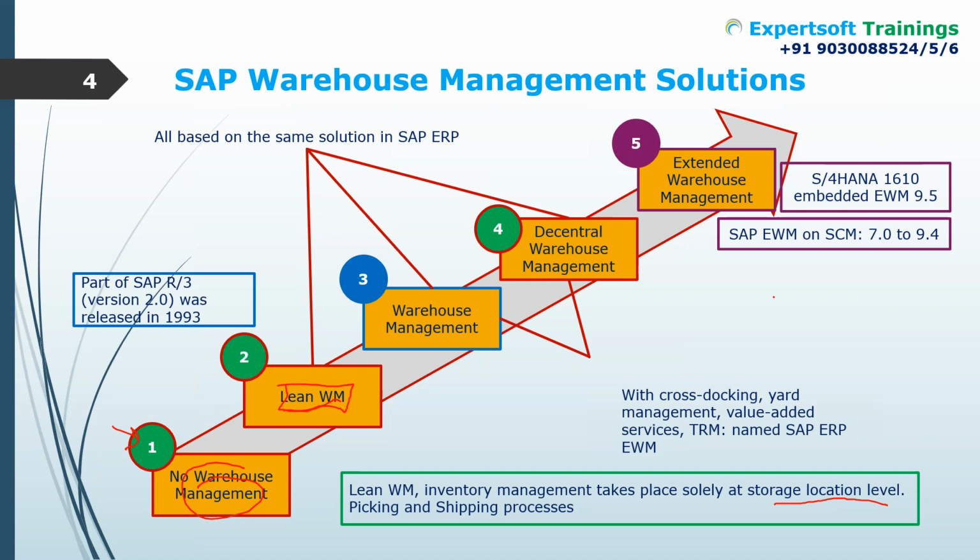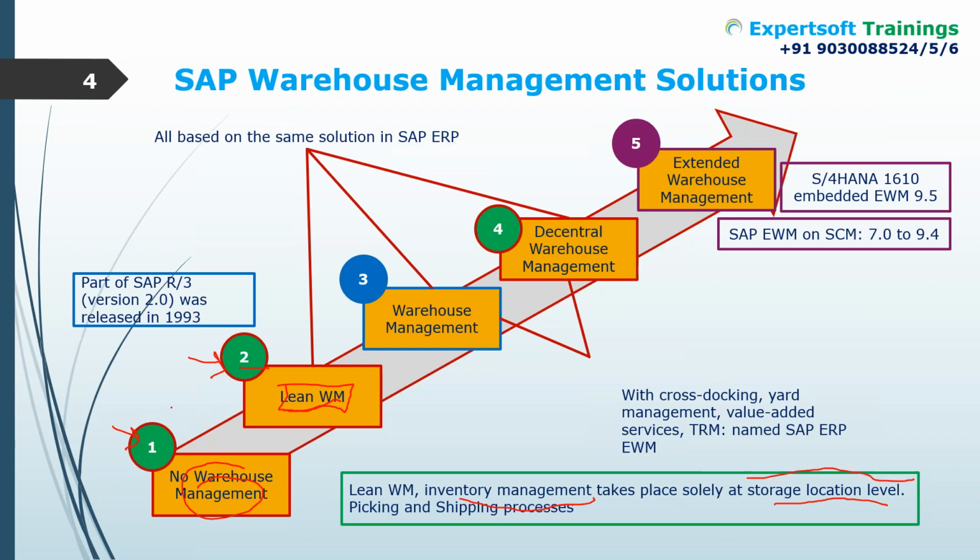In this structure, storage location is the smallest organizational level where you store your goods or products. So lean warehouse management is based on the storage location level, and there is no separate organizational structure for your warehouse. Many people will ask what lean warehouse management is, and it can also come up in some interviews. That is nothing but inventory management taking place at the storage location level.